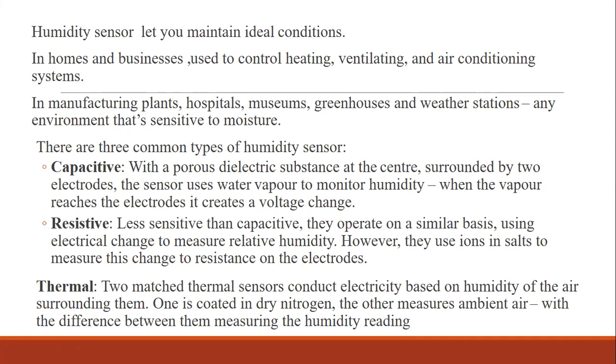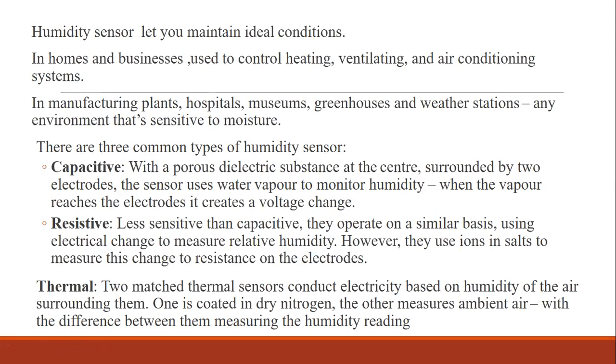In manufacturing plants, hospitals, museums, greenhouses, and weather stations, we can use these humidity sensors. These sensors can be used to control heating, ventilation, and air conditioning systems. For the monitoring of all these things, we can use a humidity sensor based IoT prototype.